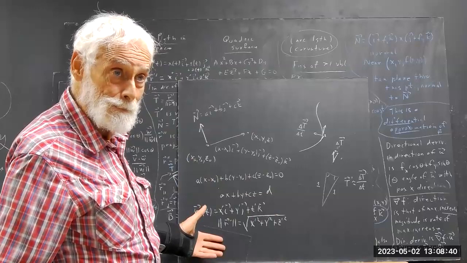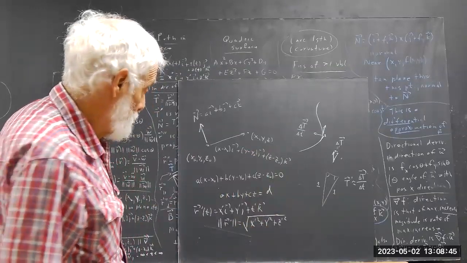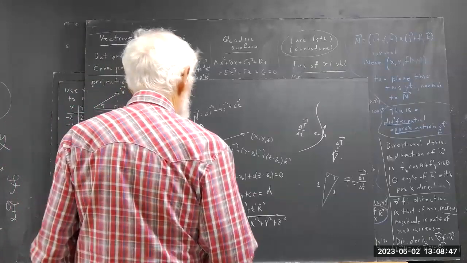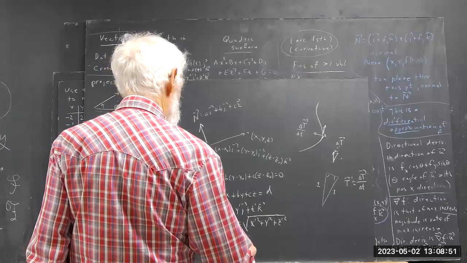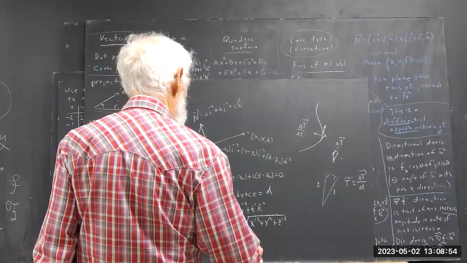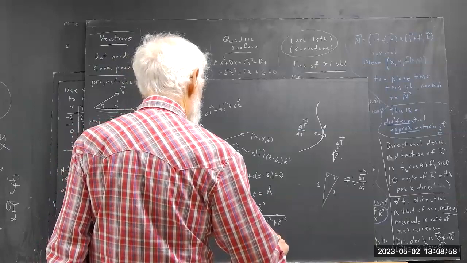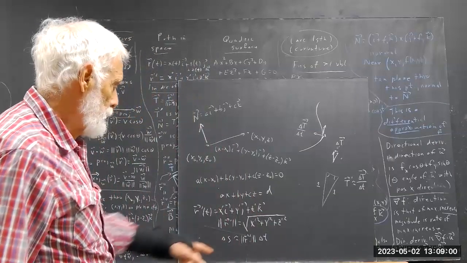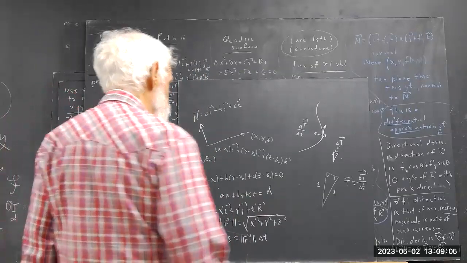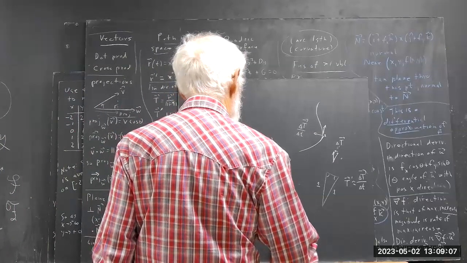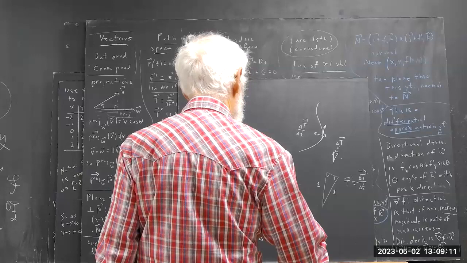Pretty obvious, right? r prime has a magnitude. Delta s is the magnitude of r prime times delta t, which equals the square root of the sum of squares times delta t.